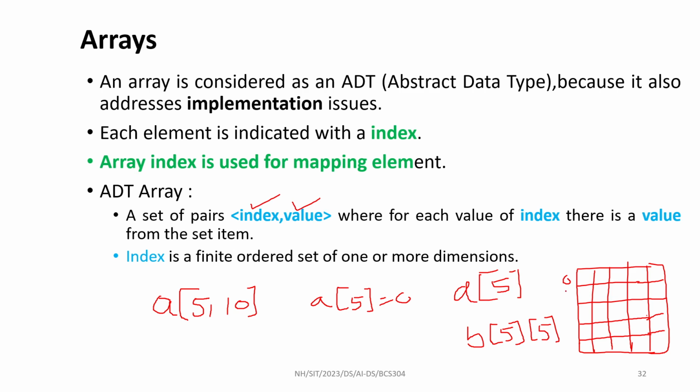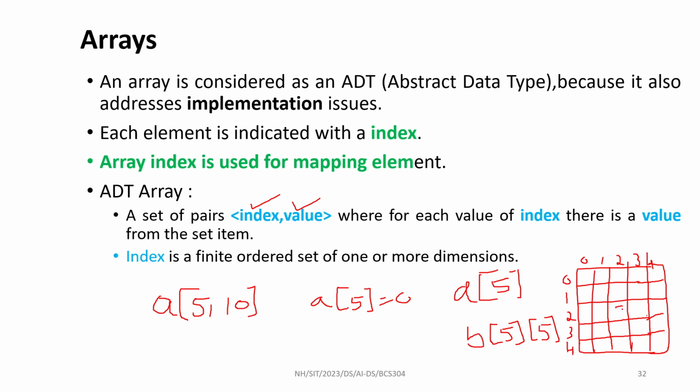These are the row numbers 0, 1, 2, 3, and 4. Column values are 0, 1, 2, 3, and 4. Here, the array is arranged in the form of a matrix having 5 rows and 5 columns.